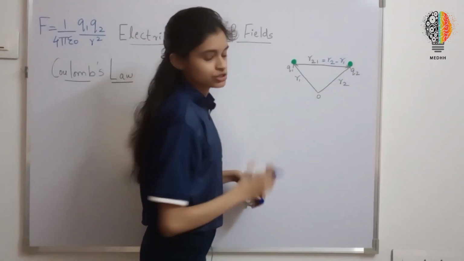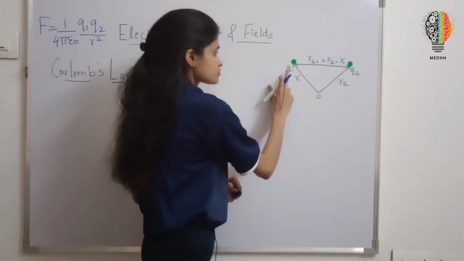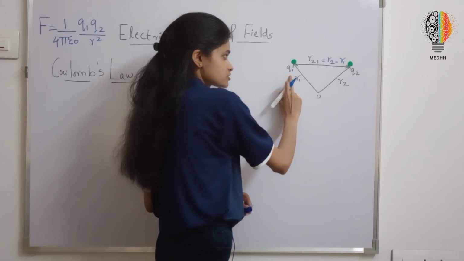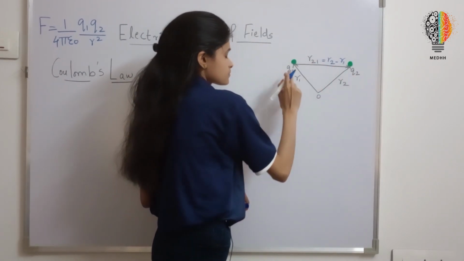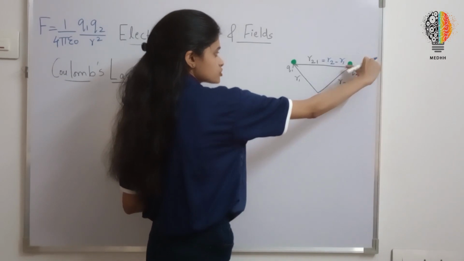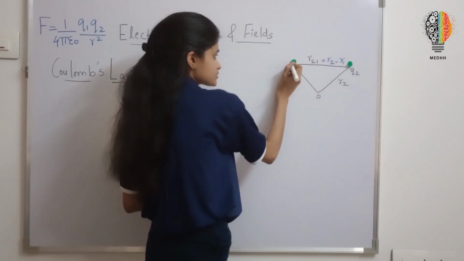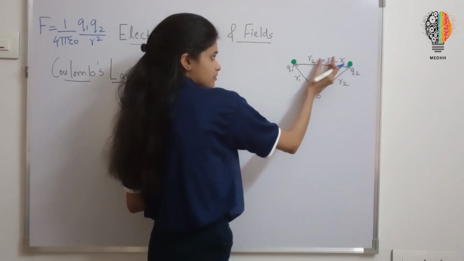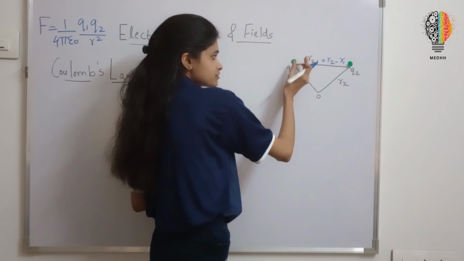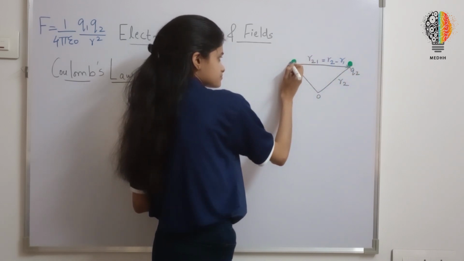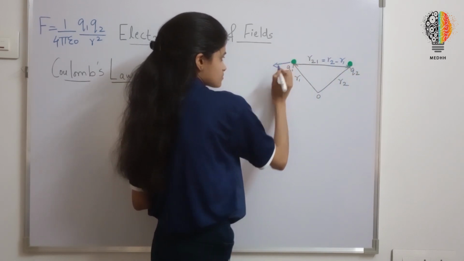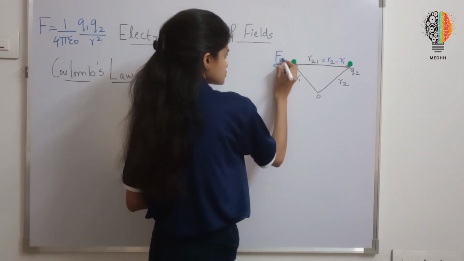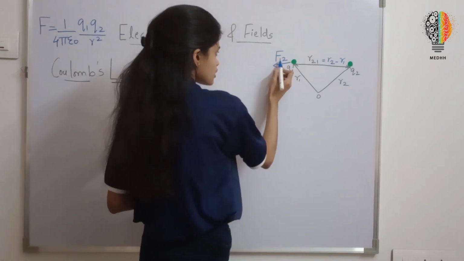So these charges are experiencing a force. So let's look at the case q1. Charge q1 is experiencing a force due to q2. So the force will be in this direction, right? Because q2 is here, so q2 will be affecting in this direction, right? So this is named as F12. Why 12?